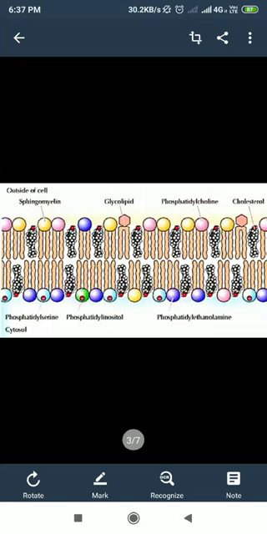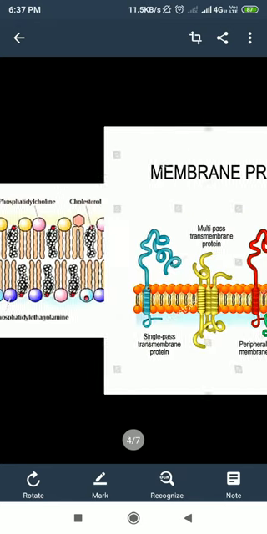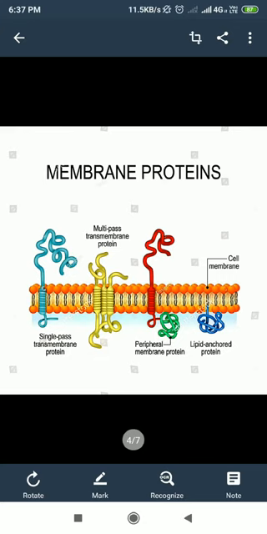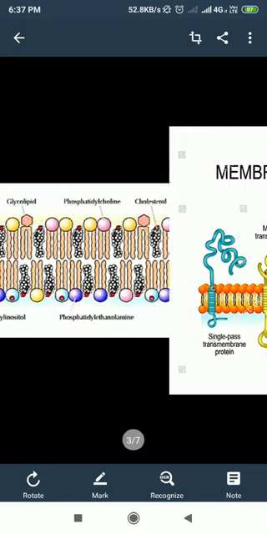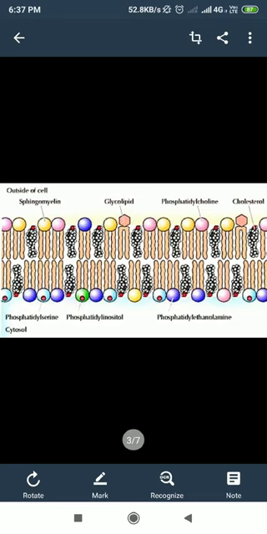So until now we have discussed this. Now in this segment we will talk about some different types of proteins present in this lipid bilayer. The first protein is the integral protein, also called the intrinsic protein. It's present all over the lipid bilayer, and it constitutes about 70% of the total protein content of the plasma membrane.